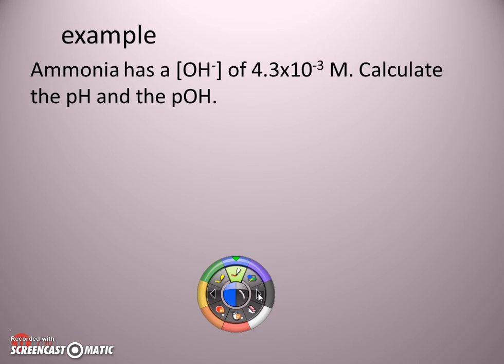So let's say ammonia has a hydroxide concentration of 4.3 times 10 to the negative third molar. They want us to calculate the pH and the pOH. Because they gave us a hydroxide concentration, we're going to be solving for pOH first. pOH is going to equal negative log, whatever your concentration is.